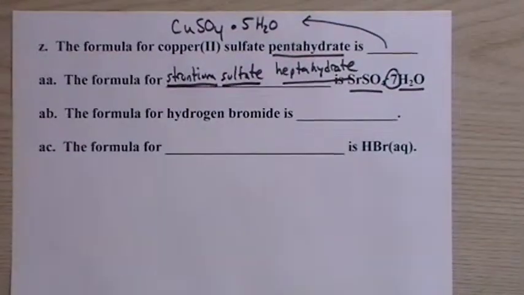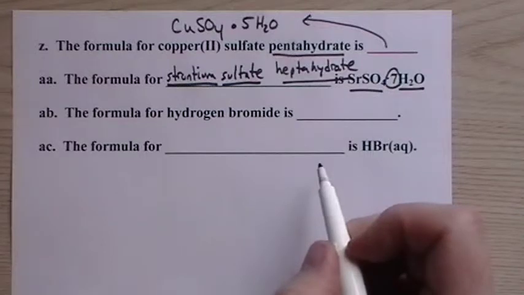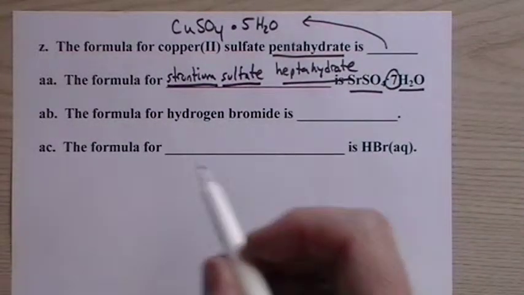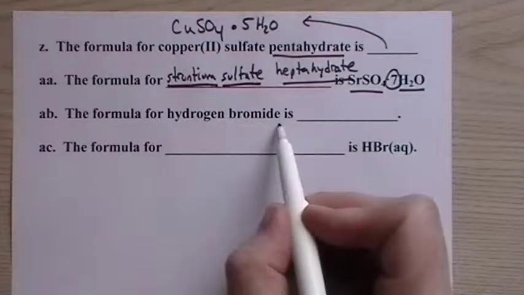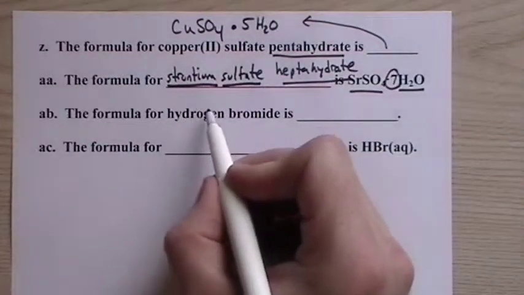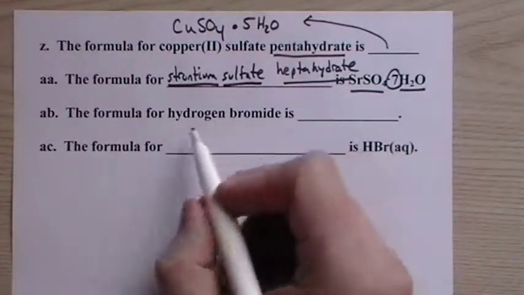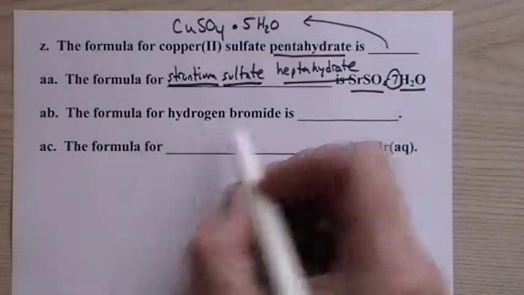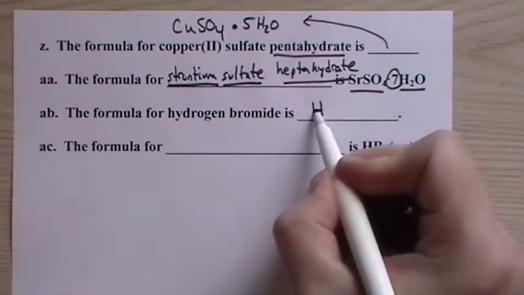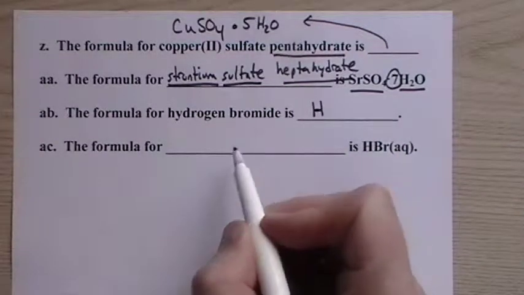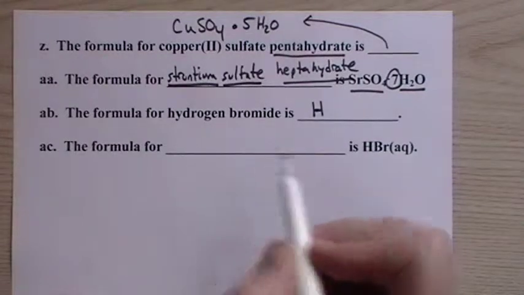Now, I left this off when we were talking about acids earlier, but I put these on. I'll do another one here, the formula for hydrogen bromide. Now, hydrogen has only one electron, so it can only bond once. So we don't put a mono in front of the hydrogen, because that's the rule. But we don't put a mono in front of the bromide either, because it can only bond once.